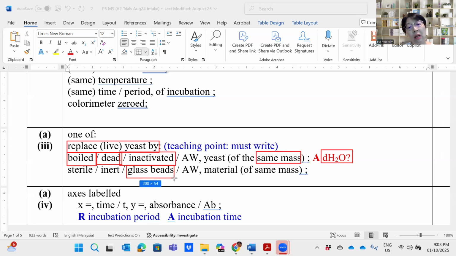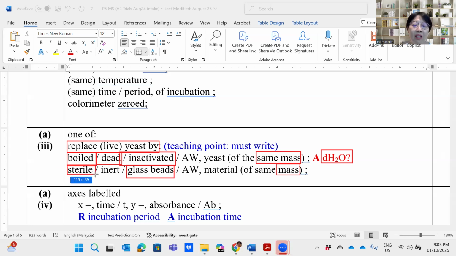I can use glass beads. But these glass beads must have the same mass as the yeast. Very strange, okay. And sterile.